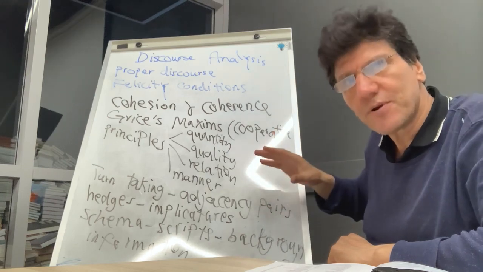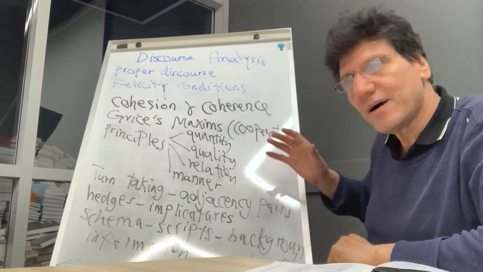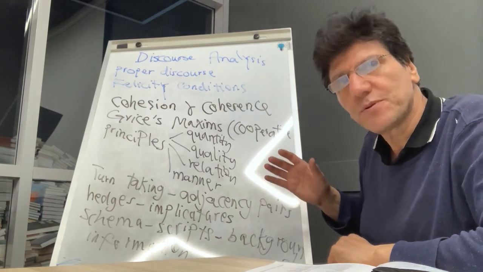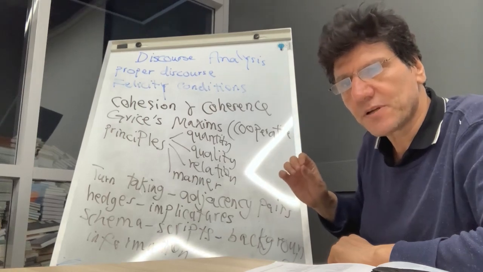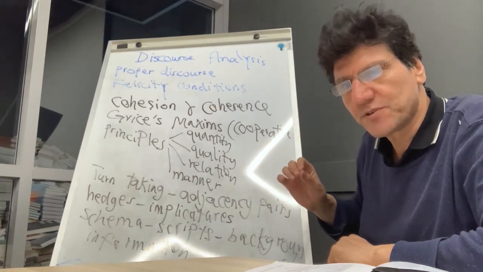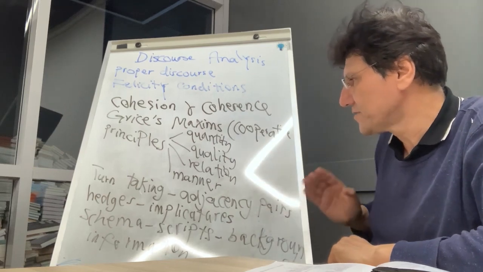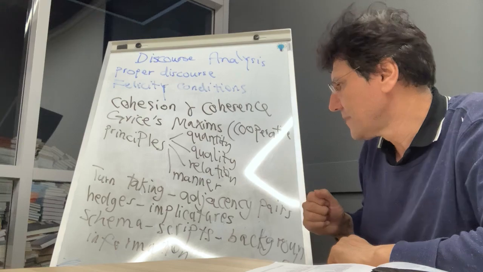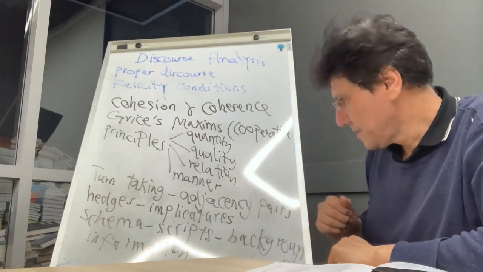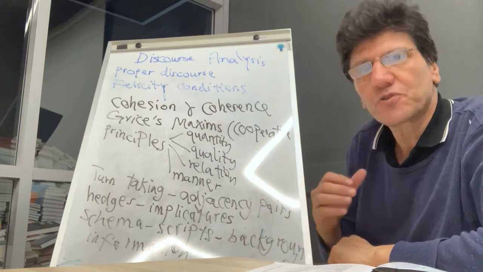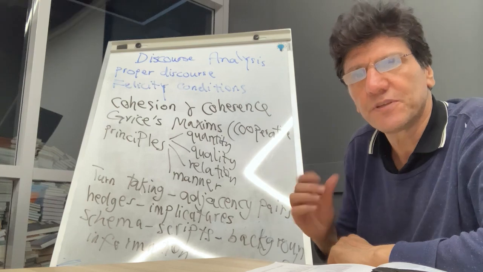I will elaborate on them later. Then there are some other conditions which are absolutely indispensable for production and perception of proper discourse. So turn taking, adjacency pairs, as you see them here, hedges, implicatures, schema, script, background information are also the building blocks of proper communication or proper discourse.